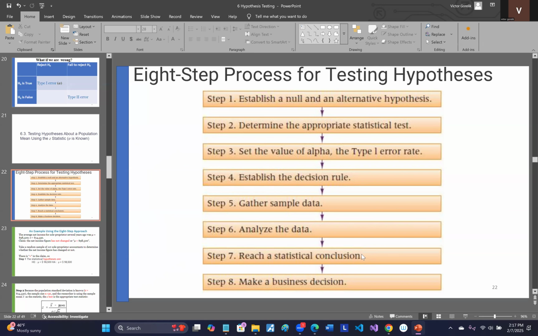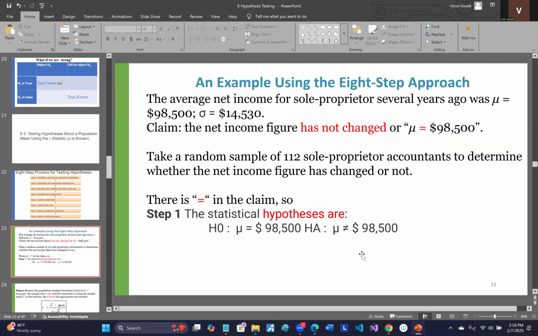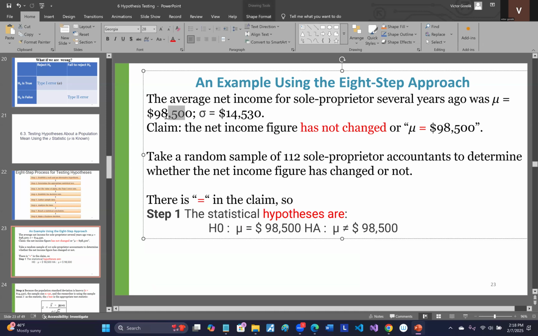To illustrate the process, we will solve the problem with the known population standard deviation. The average net income for sole proprietors several years ago was $98,500. The population standard deviation is $14,530.